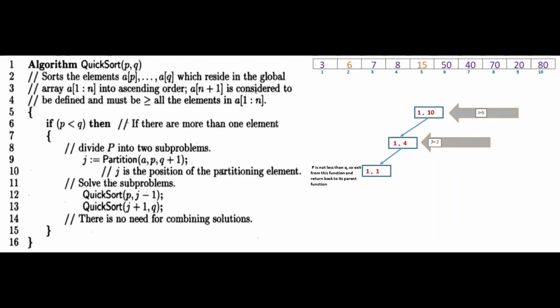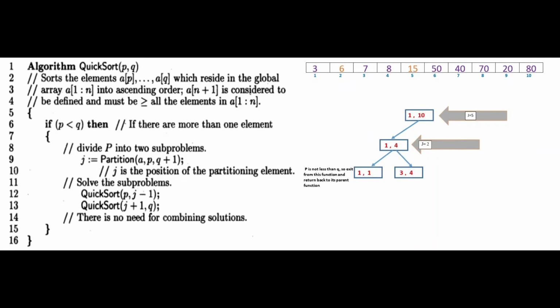So return back to its parent function, whose p value is 1 and q value is 4 and j is 2.